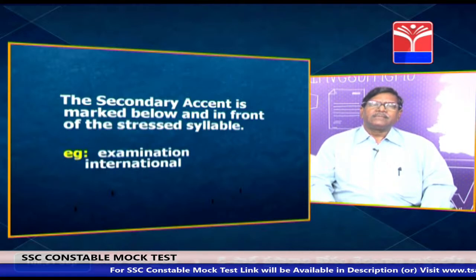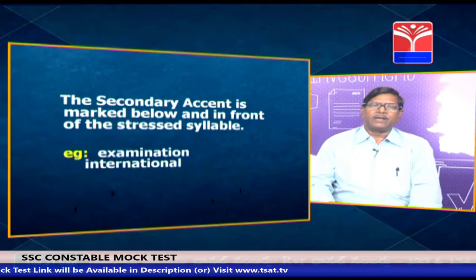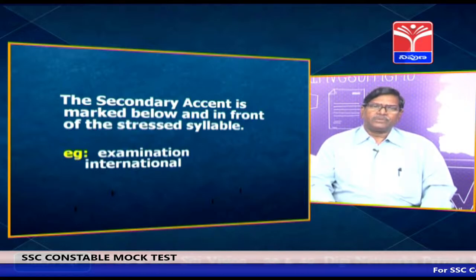That is why in the word examination, the syllable nay is marked with primary accent, that is before and above the syllable, and xa, the second syllable, is marked with secondary accent, that means before and below the syllable.